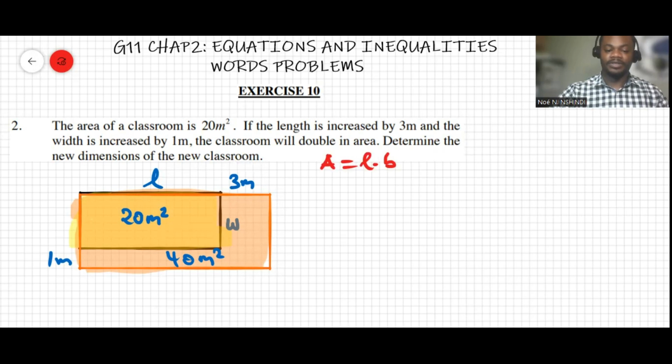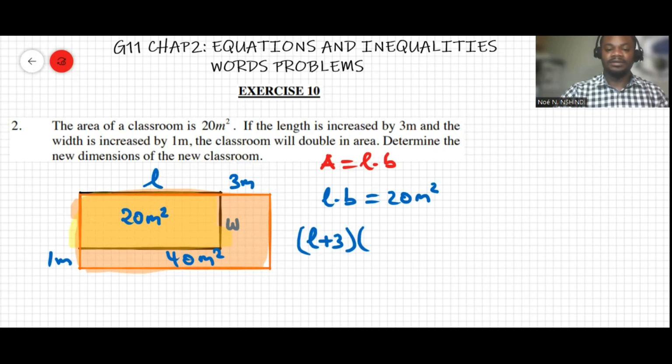When it was length times breadth, this was equal to 20 meters squared. Now L plus 3 times W plus 1 will be equal to 40 meters squared.